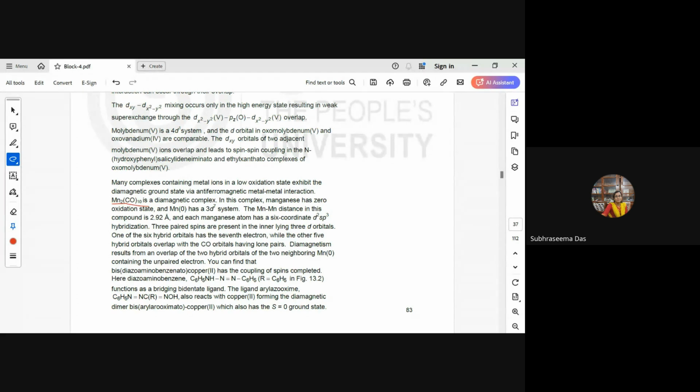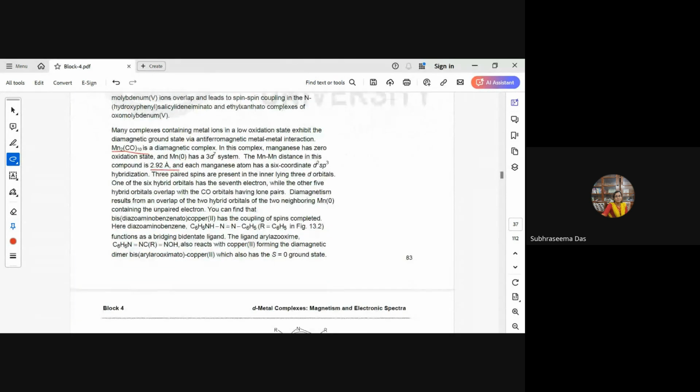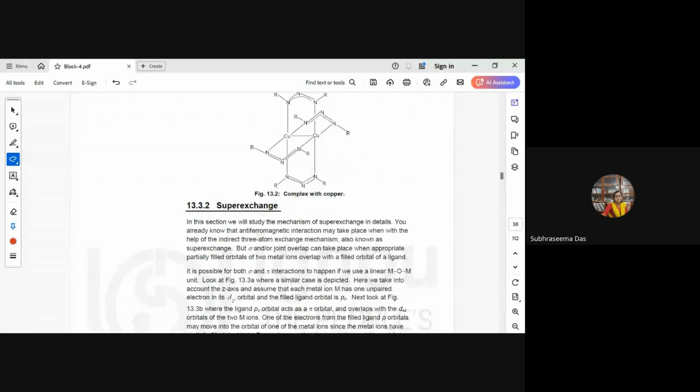Although Mn0 is a 3d7 system, the Mn-Mn distance in this is 2.92 angstrom, and we know it has d2sp3 hybridization. One of the six hybrid orbitals contains the seventh electron, while the other hybrid orbitals have the lone pairs. The diamagnetism arises from the overlap of the orbitals that contain the single electron. Here it has been shown.